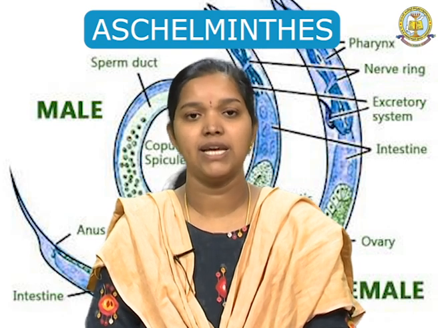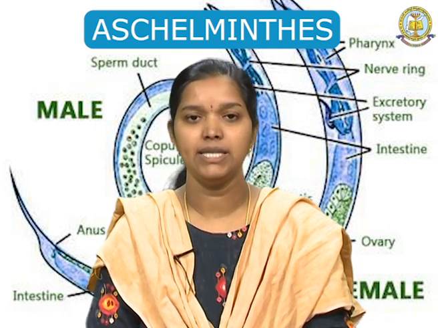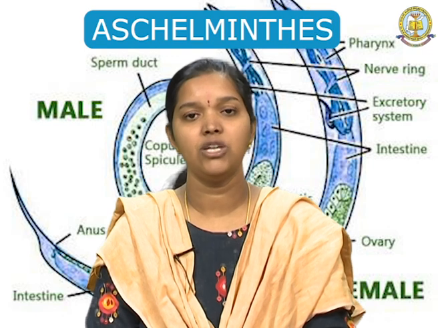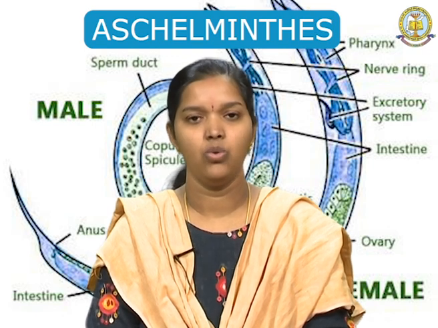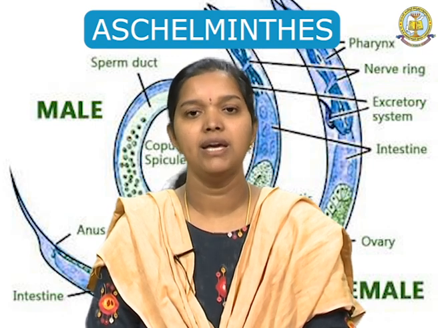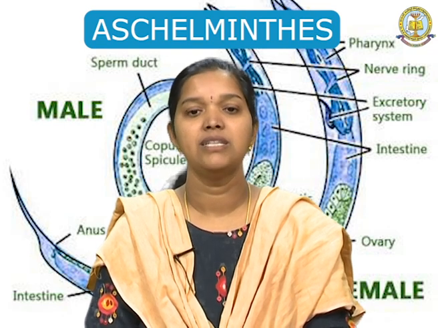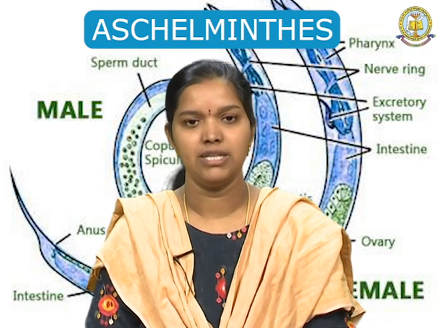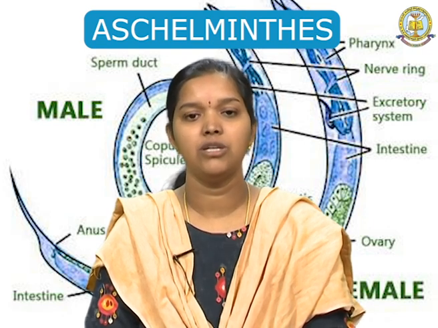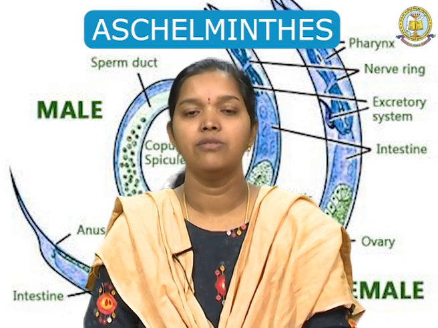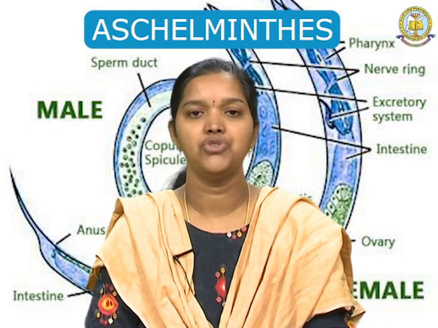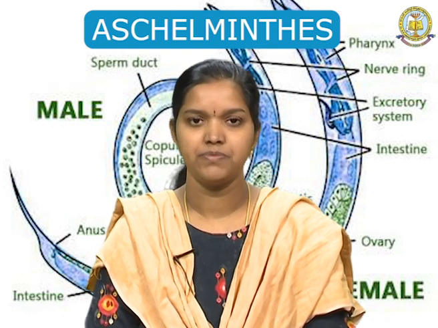So, these parasites in turn secrete anti-enzymes which act on the enzymes of the host and inhibit them. Hence, this helps in the survival of the parasite, and this is another method of protection from gastric juices and digestive enzymes of the host.